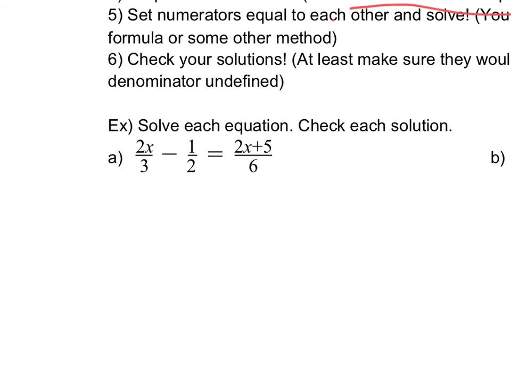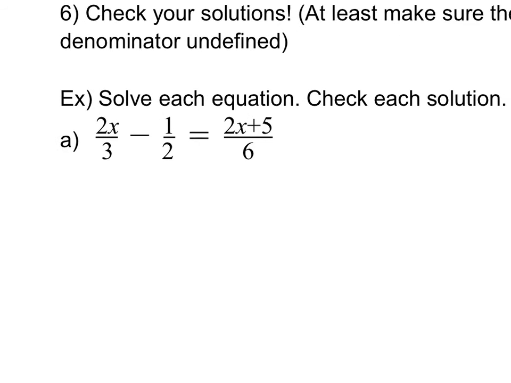Okay, so let's first talk about on this one, what's my least common denominator going to be? Well, it's going to be 6, right? So in order to do that, I would have to multiply this by 2, that by 3, and that last one is fine. So then I have 4x over 6 minus 3 over 6, and it's going to equal 2x plus 5 over 6, because I didn't have to do anything to that one.